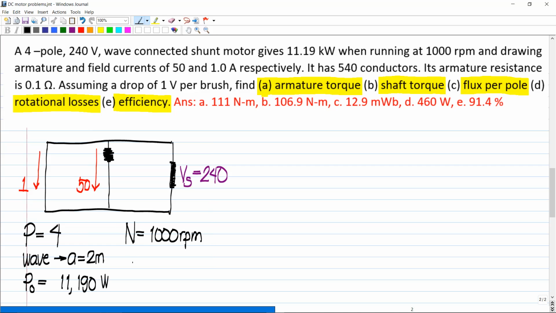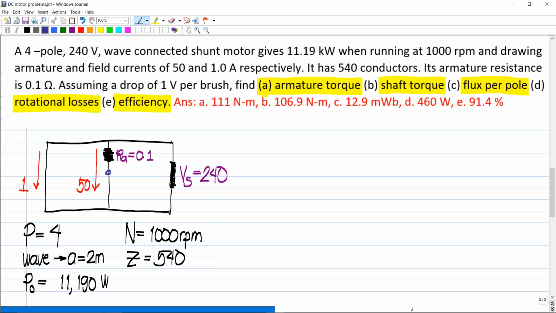So it has 540 conductors. So meron tayong Z, which is equal to 540. And then babanggitin na ngayon dito the armature resistance. The armature resistance is 0.1 and then there is a brush drop.